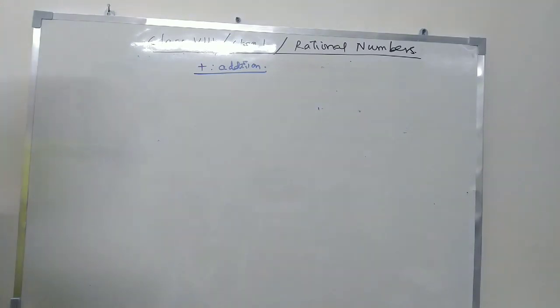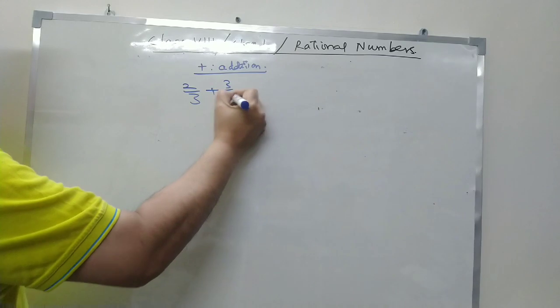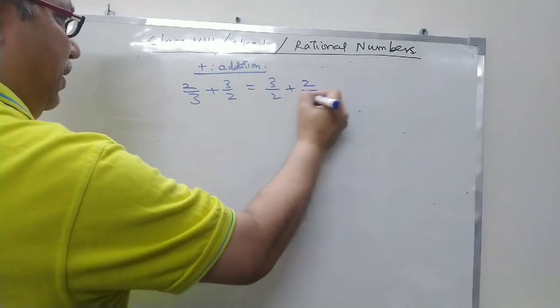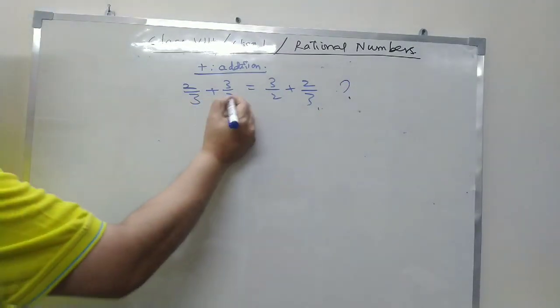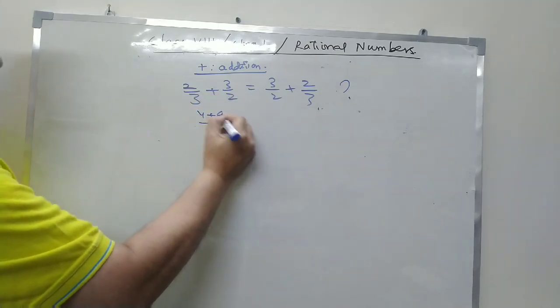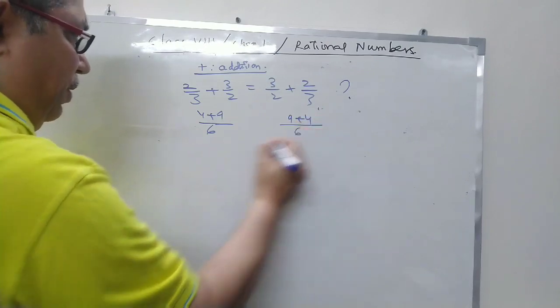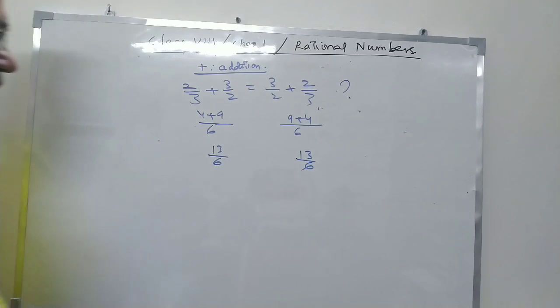Okay. So suppose I have 2 by 3 plus say 3 by 2. Will it be equal to 3 by 2 plus 2 by 3? Let's say this is a question. I'm not saying this is correct. LCM of 2 and 3 is 6. 2 into 2, 4, plus 9. Here also same way, 9 plus 4. What do we get here? 13 by 6. Here also I get 13 by 6.